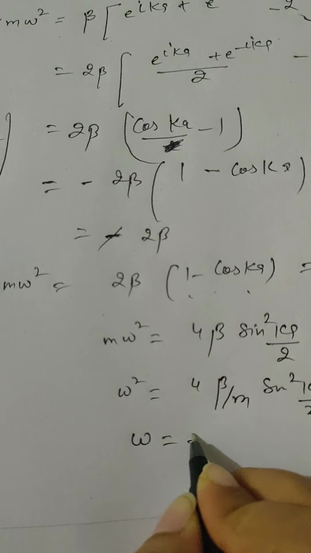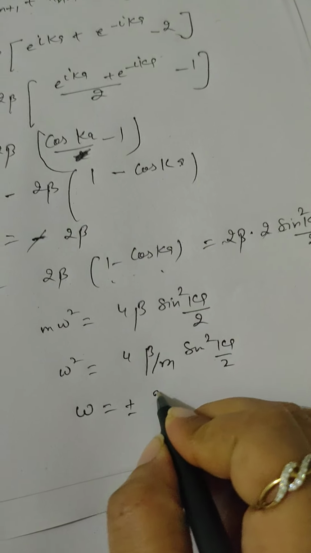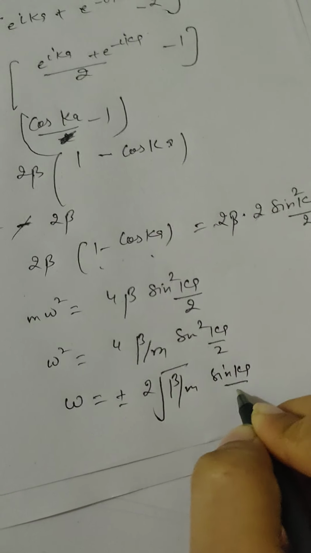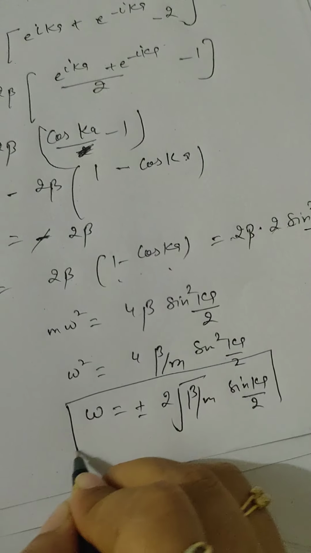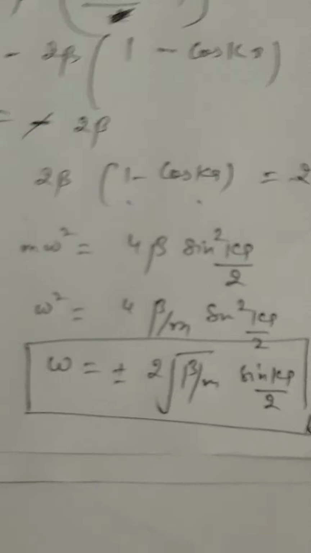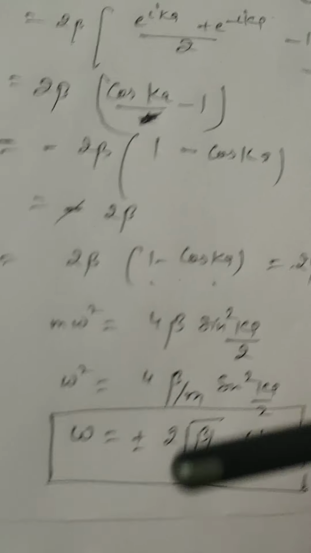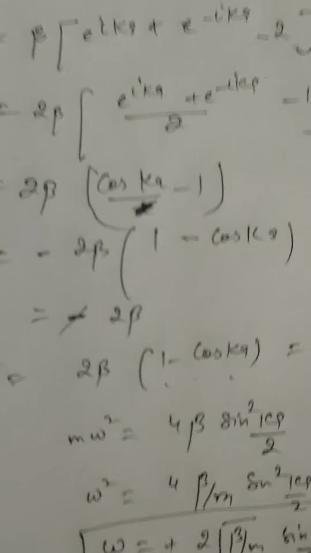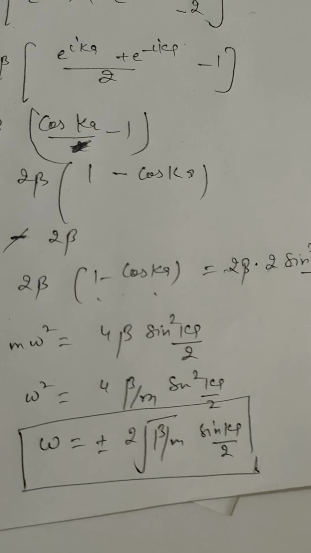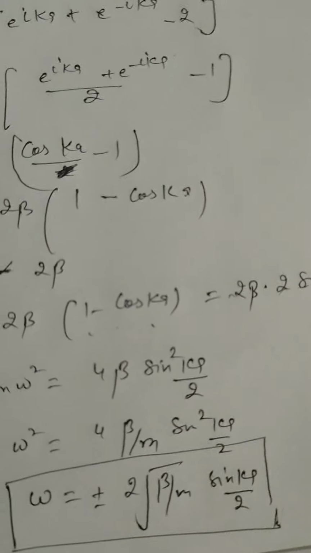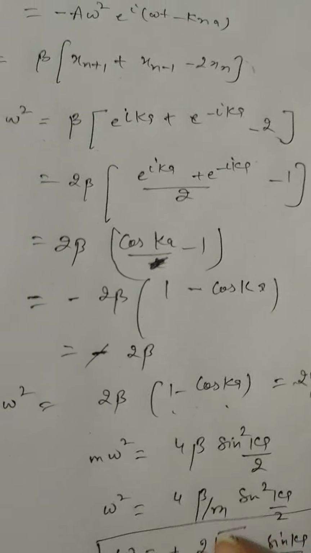Omega is equal to plus minus twice the square root of beta by m, sin k by 2. So this is the frequency with which this atom vibrates, or we can say the lattice vibrates, or the atom vibrates in the lattice. So omega is equal to plus minus 2 under the root beta by m, sin ka by 2.